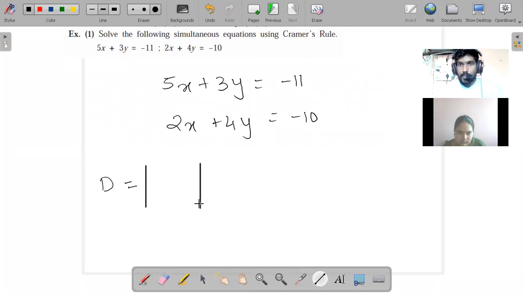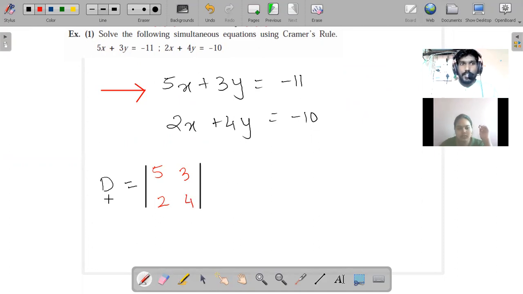The numbers inside this determinant are the coefficients of x and y. Only look at the variables for now. For D, 5 and 3, and 2 and 4.